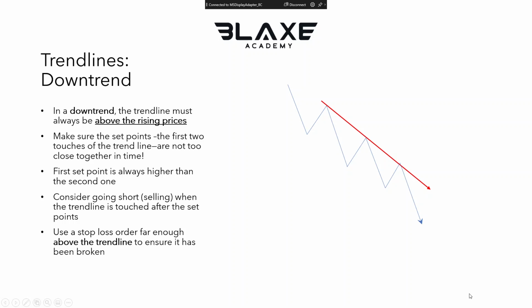In the uptrend, of course, the trend line is below, supporting the prices as they rise higher. And here in the downtrend, the trend line is above the prices, which buys into it being a form of resistance. But again, the first set point here is now higher than the second set point.